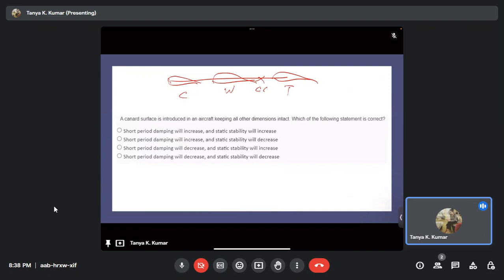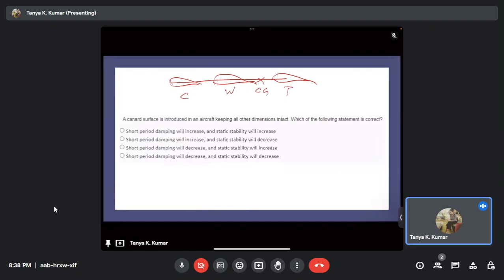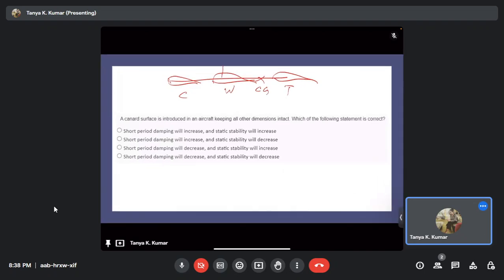So as far as static stability is concerned, will it be stabilizing or destabilizing? So this is the lift of the wing, lift of the canard, lift of the tail, right? So lift of the wing is destabilizing, lift of the tail is stabilizing. We had done this before. So I think in canard we had discussed a couple of questions. The lift of the canard is again destabilizing, right?